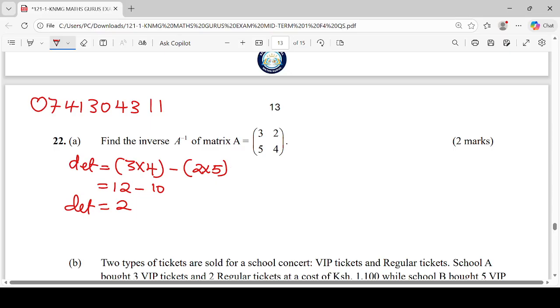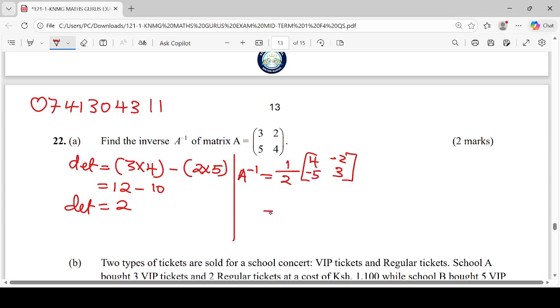Now to get the A inverse, you take 1 over the determinant, which is now 2. Then you multiply it by the elements in the main diagonal interchanged. 4 goes there, 3 comes down. Then you negate the elements in the minor diagonal, negative 2, negative 5.